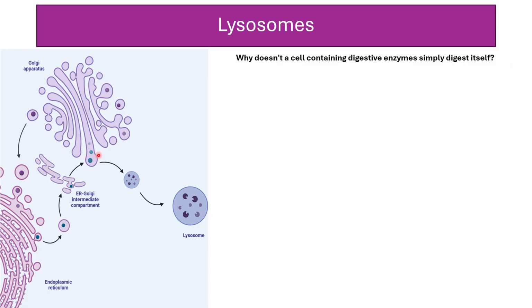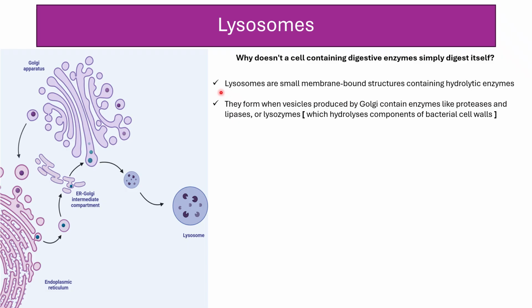They will be modified there, and then, as we said, they will be coming off the cisternae. Once they come off the cisternae, they will form these Golgi vesicles. Golgi vesicles are of different types. One of the types of Golgi vesicles is called lysosomes. So when exactly do we call a Golgi vesicle a lysosome?